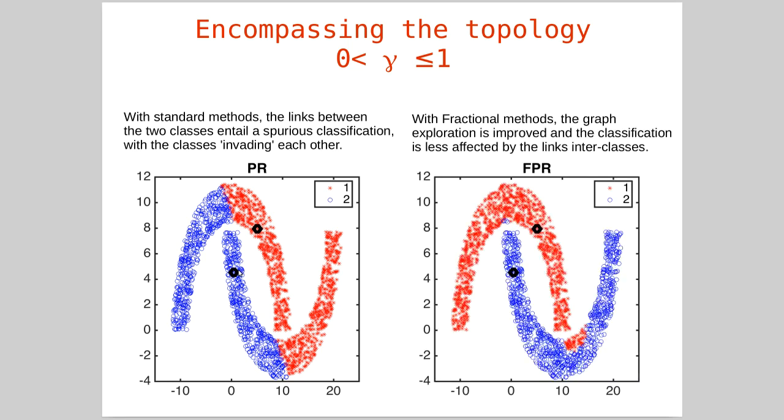But when you have your fractional method, so you use this gamma dependent method, you see that you are able to recover a new classification function that is a lot less affected by the links between the two classes. And so you still have some invasion here, some blue dots and some red dots, but overall the result is a lot improved.